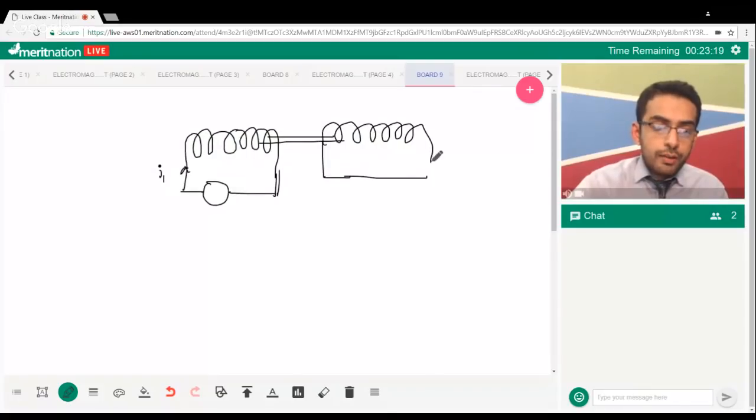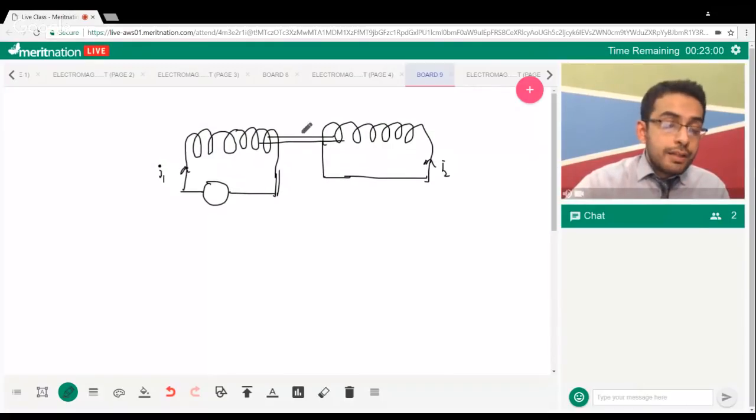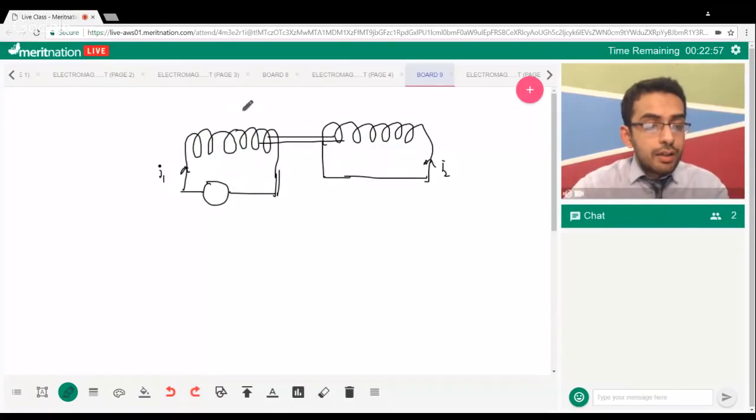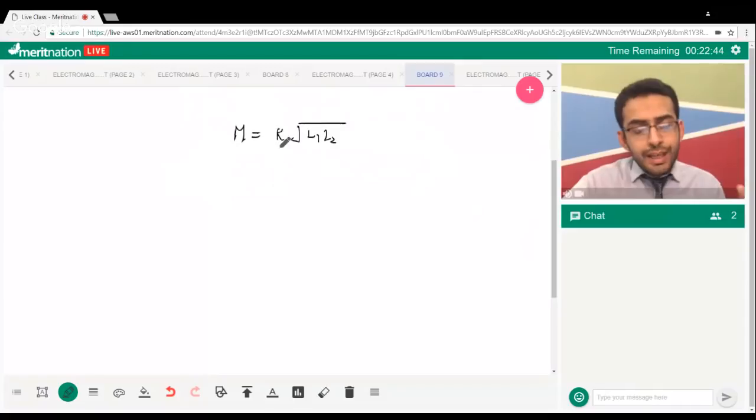If it's a closed coil, a current will flow in it, in such a direction that it will oppose its cause. If L1 and L2 are the self inductances of the coils, the mutual inductance is given by K times the square root of L1 L2, where K is the coupling factor.